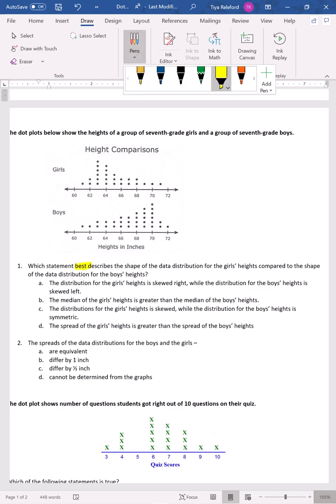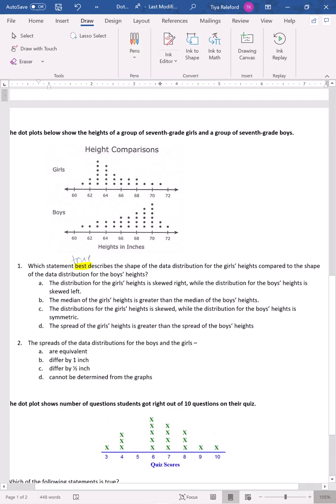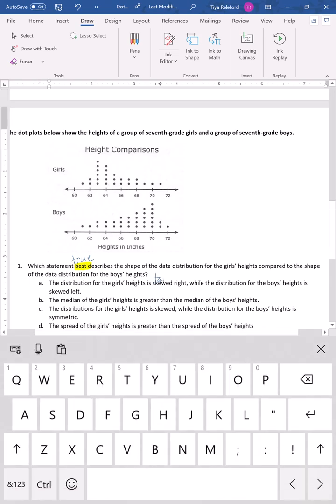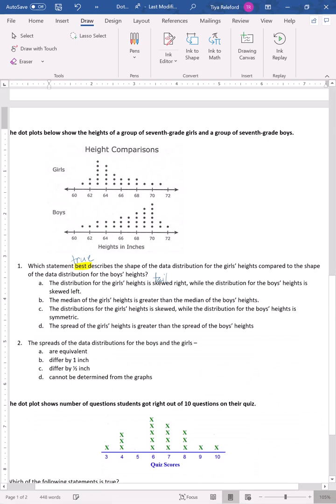Best describes, we want true. Now, A says the distribution for the girl's height is skewed right, while the distribution for the boy's height is skewed left. Remember, skewed means tail. So above skewed, you need to write tail both places.